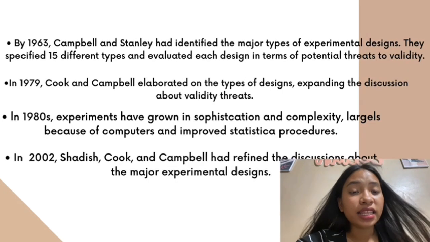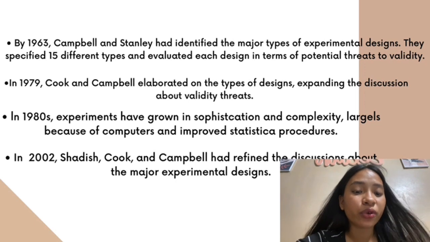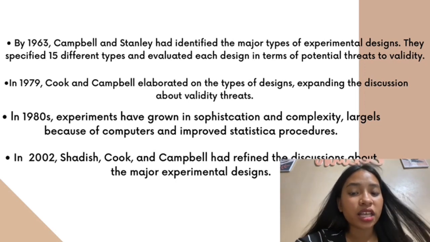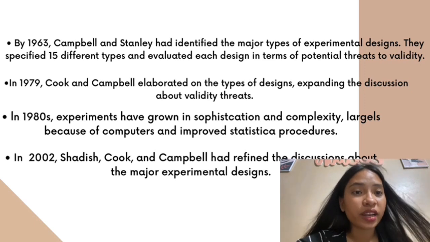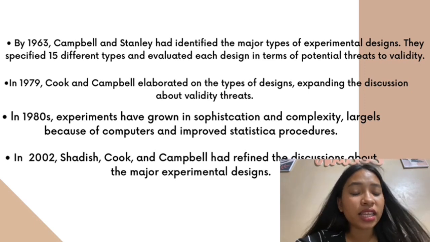In this book, Fisher advanced the idea of randomly assigning individuals to groups before starting an experiment. By 1963, Campbell and Stanley had identified the major types of experimental designs. They specified 15 different types and evaluated each design in terms of potential threats to validity. In 1979, Cook and Campbell elaborated on the types of designs, expanding the discussion about validity threats.